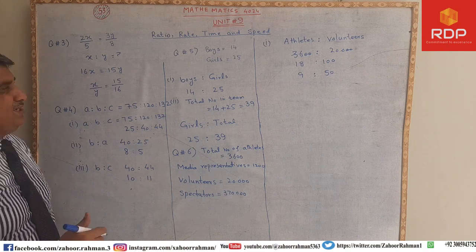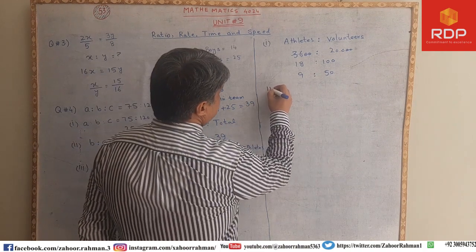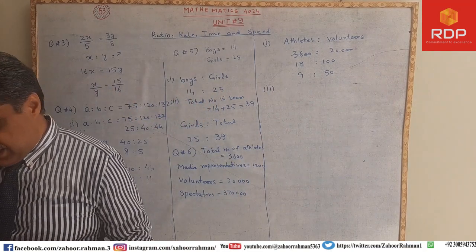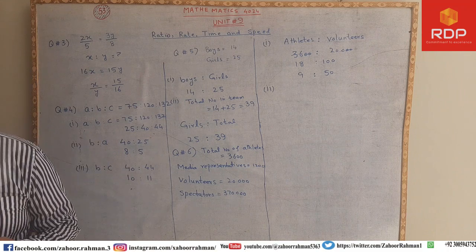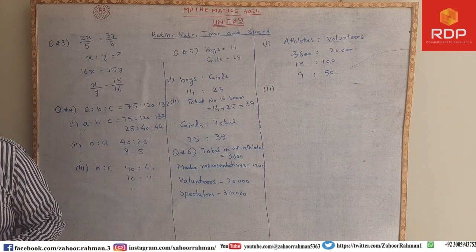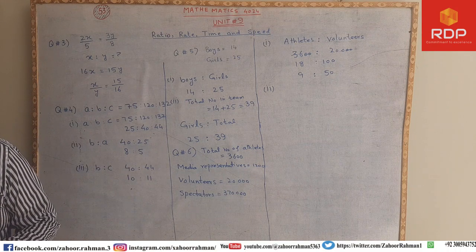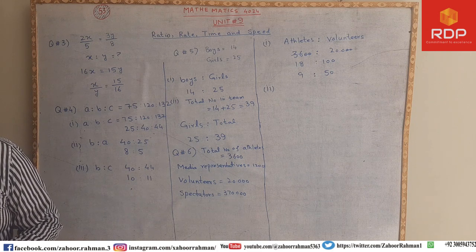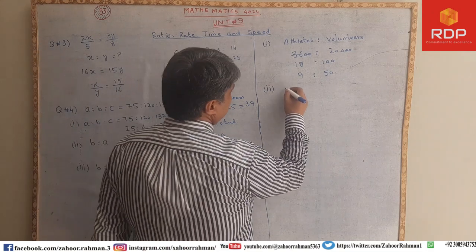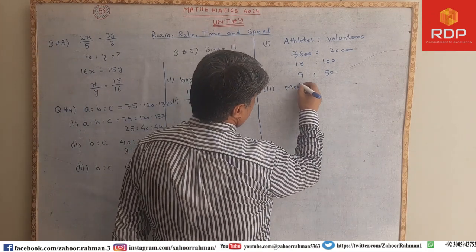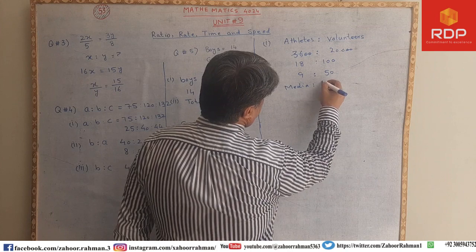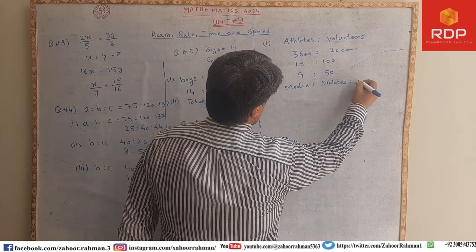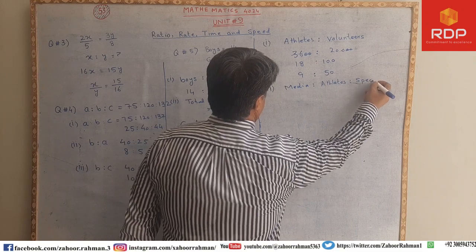This is the ratio. Now the second part of this question is saying the ratio of the number of media representatives to the number of athletes to the number of spectators. Media ratio athletes ratio spectators.